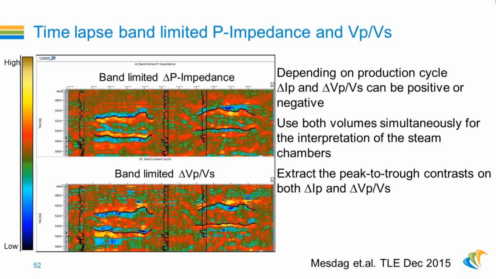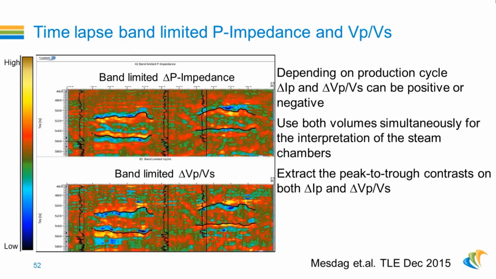You can see that this is a heavy oil case with gravity-assisted drainage steam chambers, and there's a P-impedance increase at the top of the steam chamber and a decrease at the bottom of the steam chamber, and a Vp/Vs decrease at the top and bottom. And this can vary depending on where you are in the production cycle.